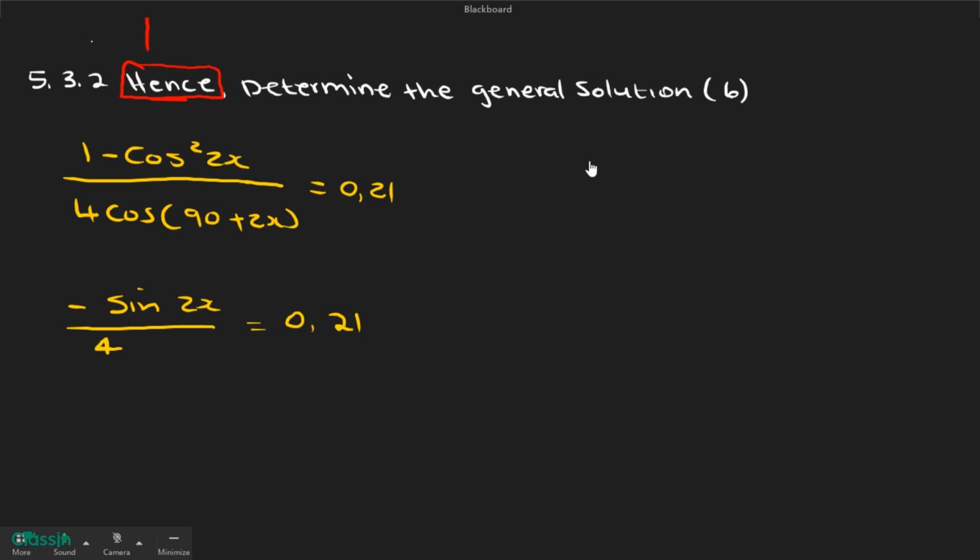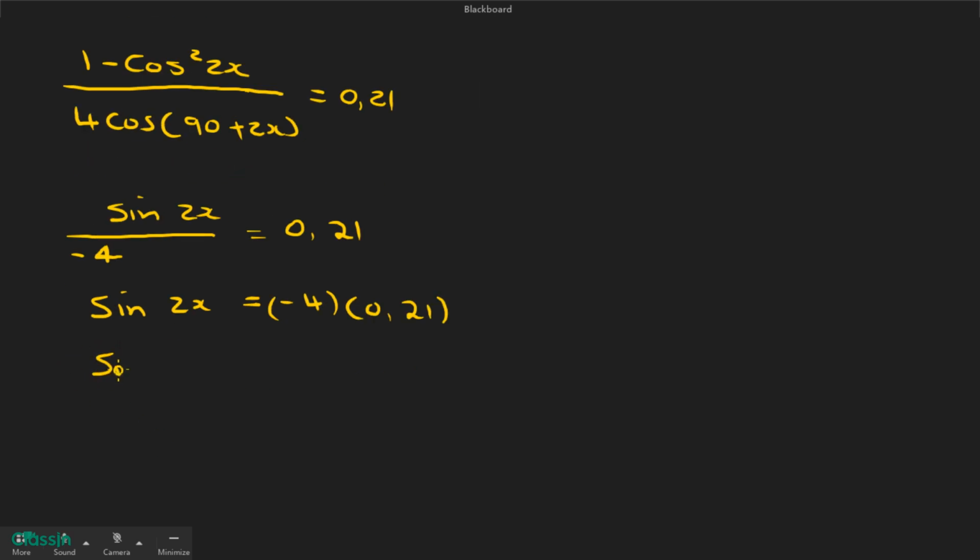Remember that this negative is actually for the 4. So sine 2x is equal to negative 4 multiplied by 0.21. This means that sine 2x is the same as negative 21 over 25.